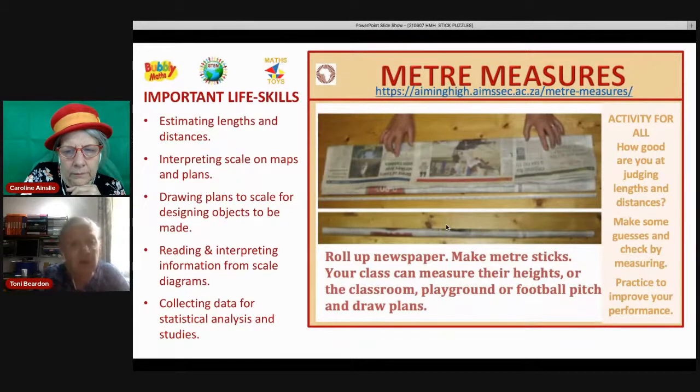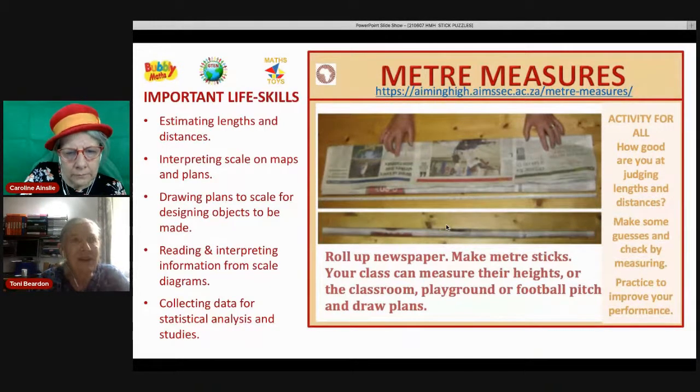Most people, if they're going to do something in craft work, let's say they're going to make something in woodwork, or if they're going to tile a room or a wall, lots and lots of times you want to be able to make a scale drawing and interpret a scale drawing.